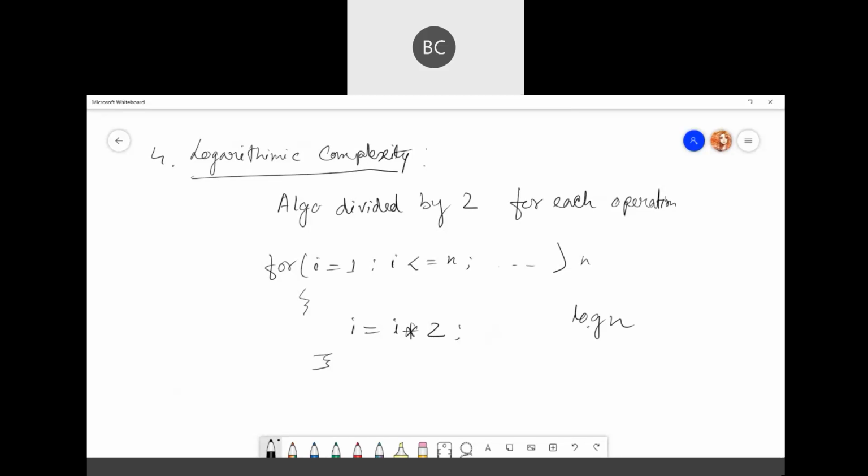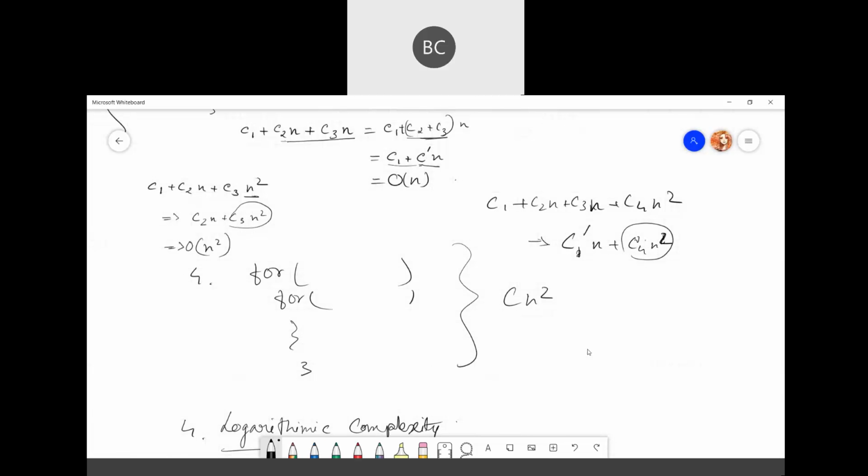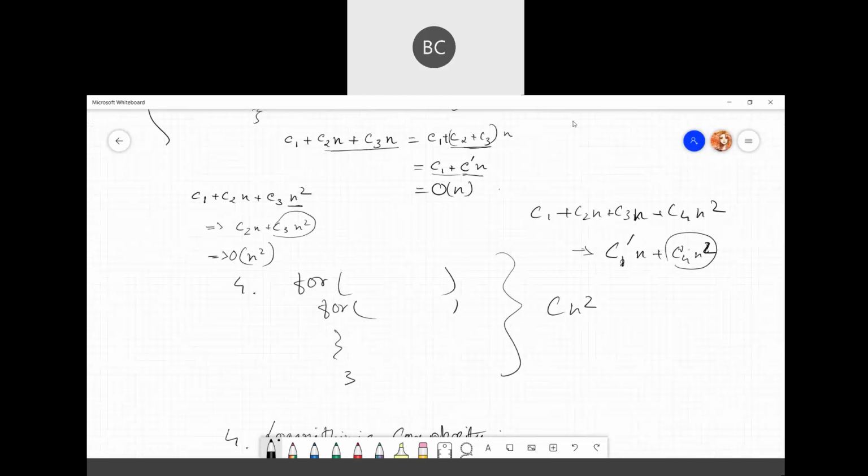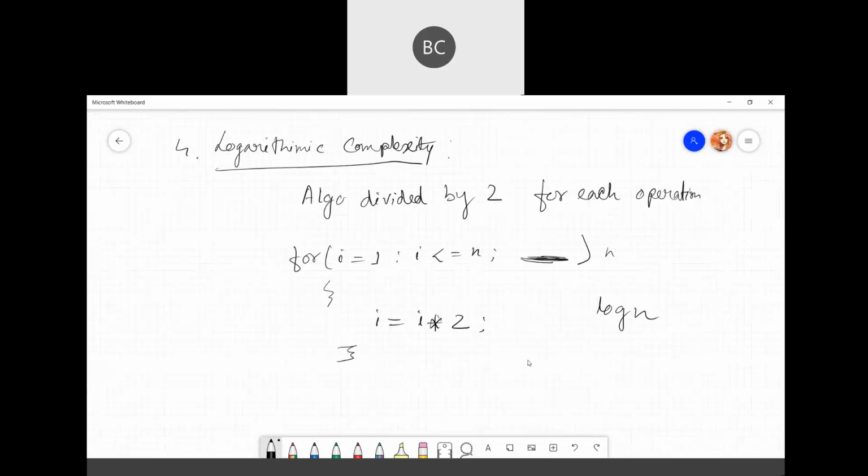So total complexity sometimes depends. Here I'm not mentioning whether it is I plus plus or not. In all these earlier for loops, I mentioned it's simply increment I plus plus. In divide and conquer, it's slightly different.